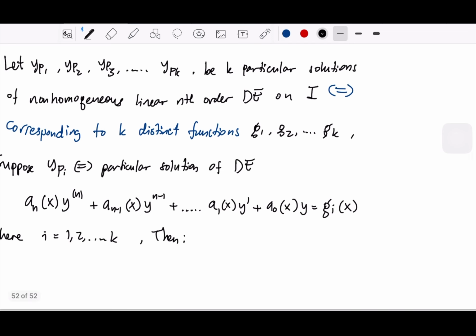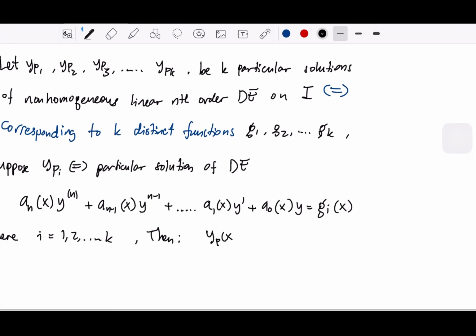Then yp of x is equal to yp1 of x plus yp2 of x plus up to ypk of x.